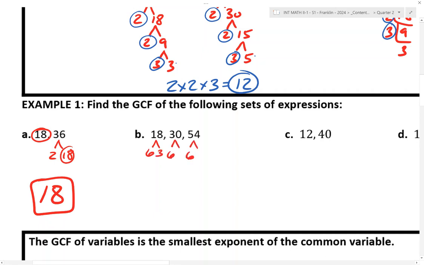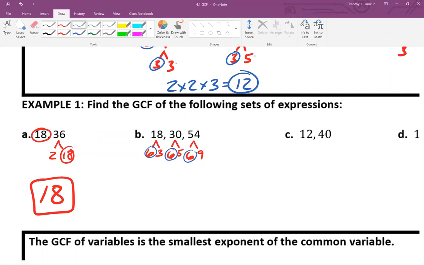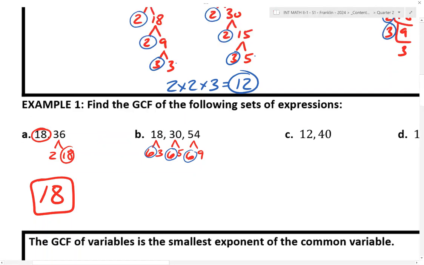So 18 gives me 3, 30 gives me 5, and 54 gives me 9. Well, I know that 3 and 5 are prime, so I can't go further on those. 54, I could break 9 down into 3 and 3, but because the other numbers gave me prime numbers when I divided by 6, I can stop there because that's as far as we can go. So the greatest common factor here is 6.